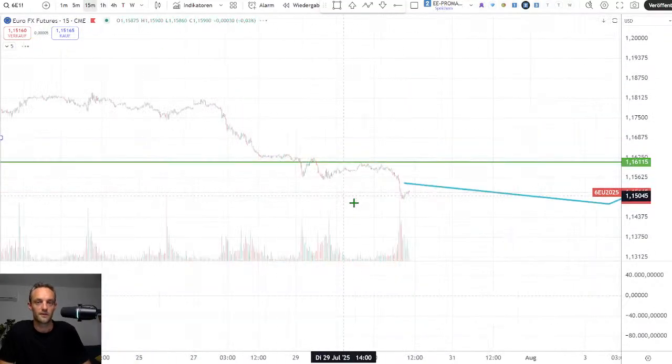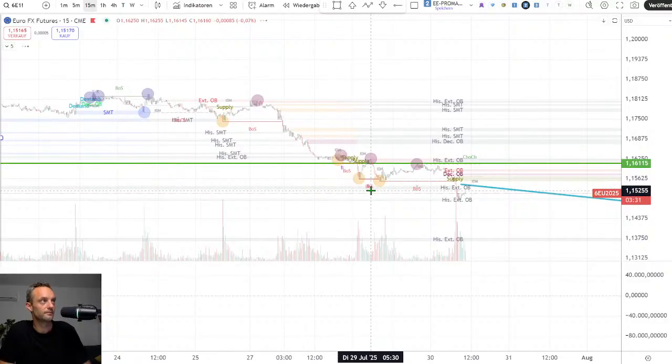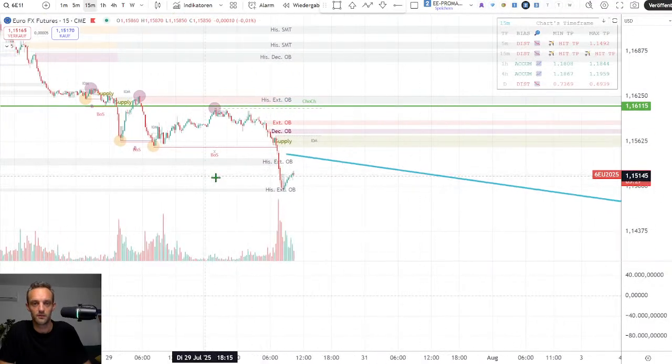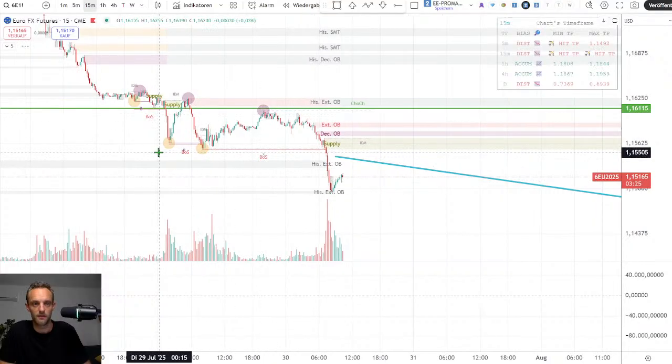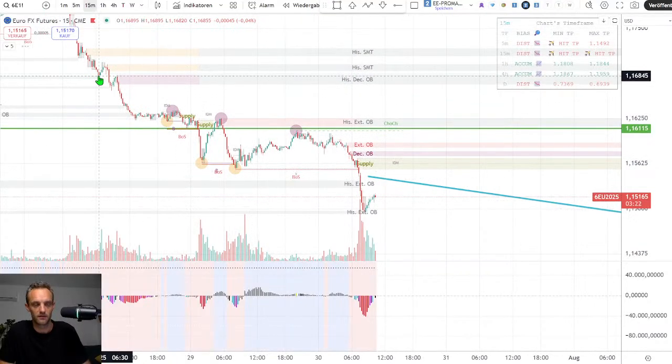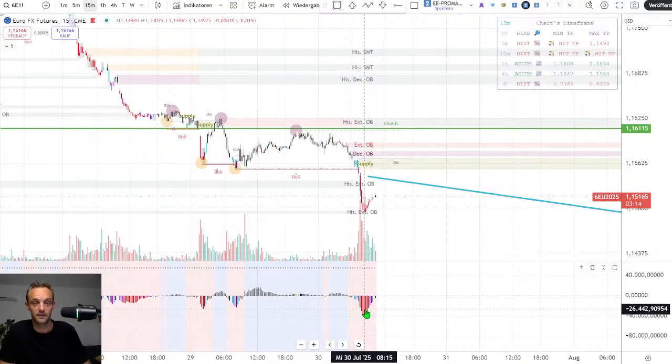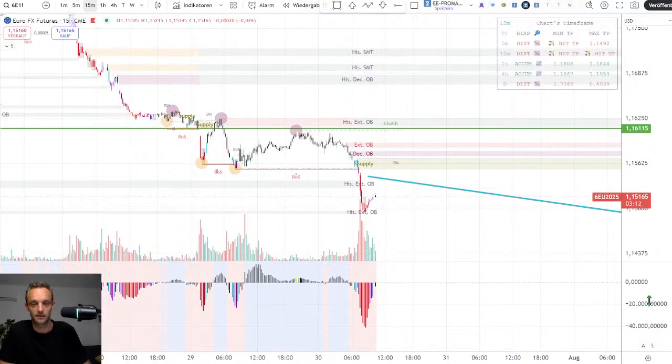Let's go to the 50-minute chart. In the 50-minute chart, the downtrend is still very valid and stable. We see more volume coming in, larger colorful candles coming in.